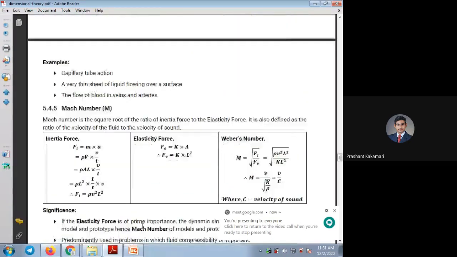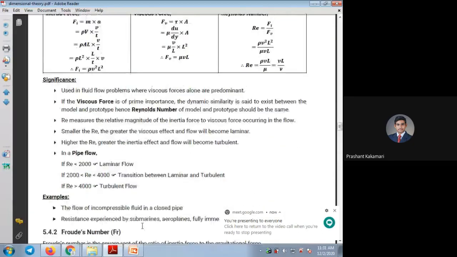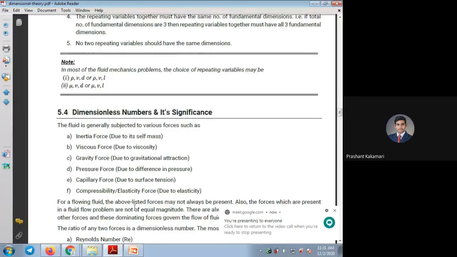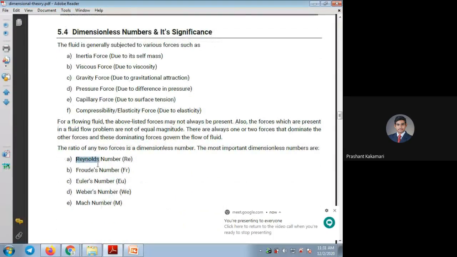All of you keep in mind to remember these five dimensionless numbers in fluid mechanics: Reynolds number, Froude number, Euler number, Weber number, and Mach number. We need to take the ratio with respect to inertia force.